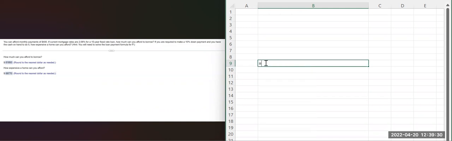Let me just use caps for convenience. PV, and then the rate is 0.0206, divided by 12, comma, and then 12 times 15, comma, minus 400. And then you close the parentheses and then hit enter.